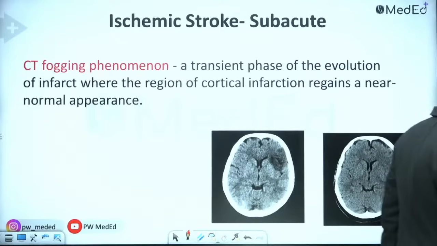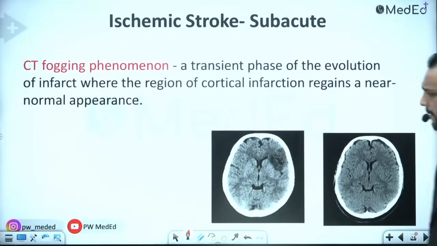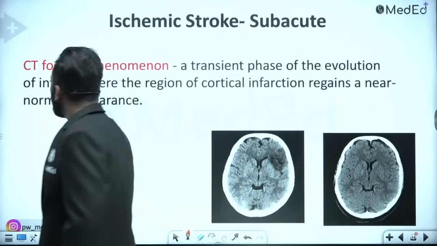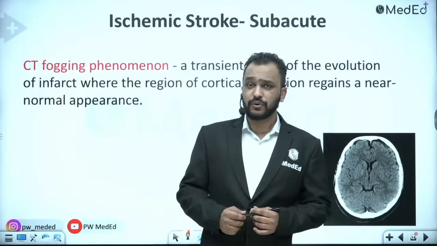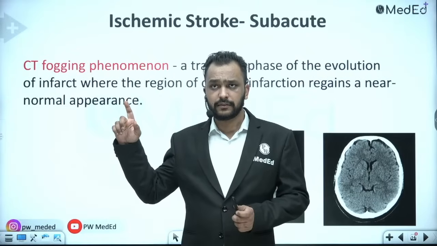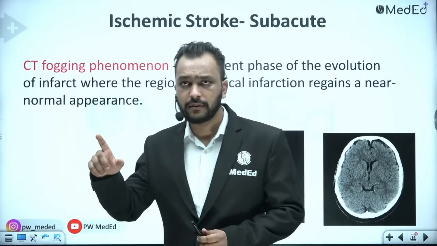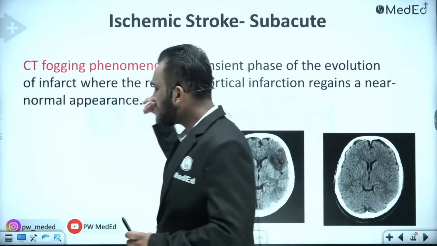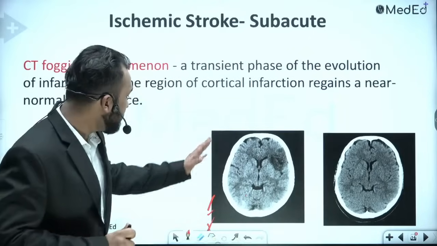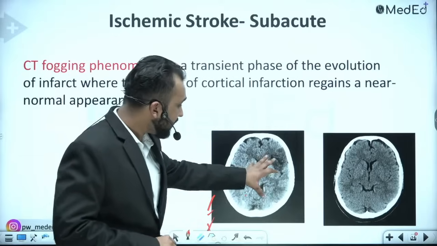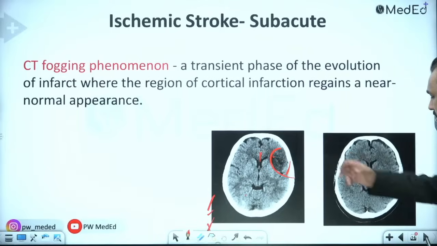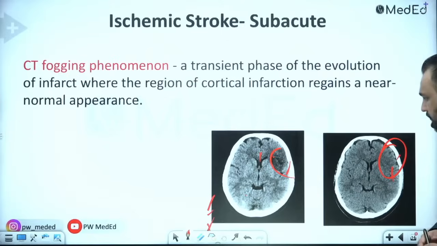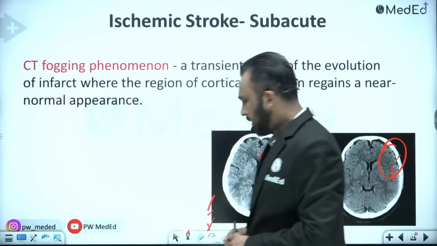So this was all about your acute infarct. Talking about the subacute infarct, there is one phenomenon that you should know, that is the CT fogging phenomenon. In the CT fogging phenomenon, the hypodensity which was appearing in the NCCT images in acute infarct will disappear in the subacute infarct.